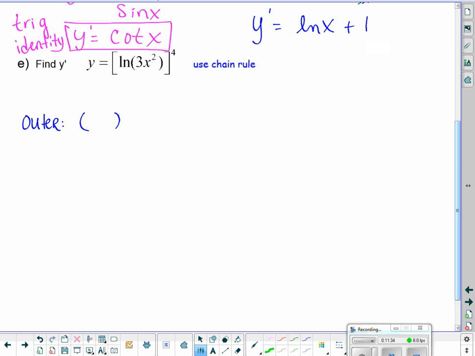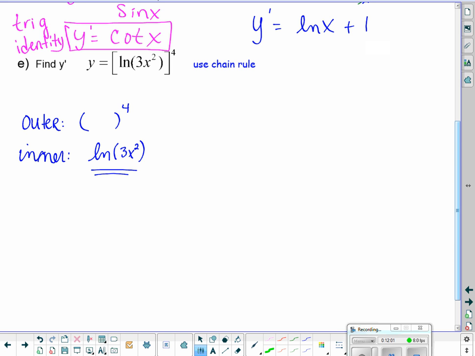We have something raised to the fourth, and then we go to the inner function. I'm going to make it natural log of 3x squared. Because we've been treating this all along as just the derivative of the natural log of something. And we'll be able to handle that.